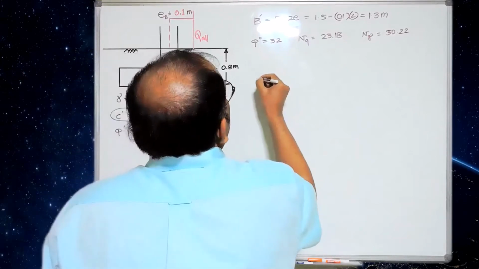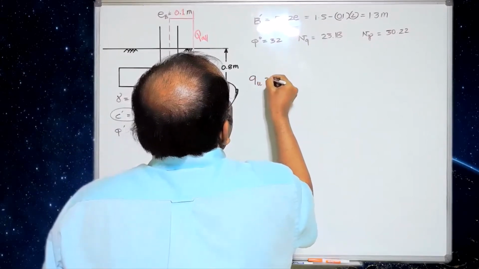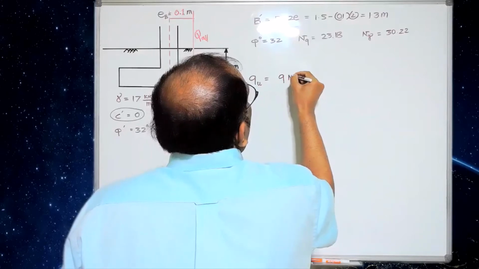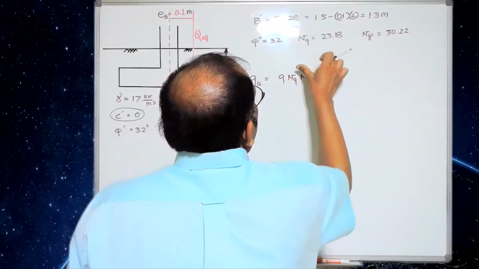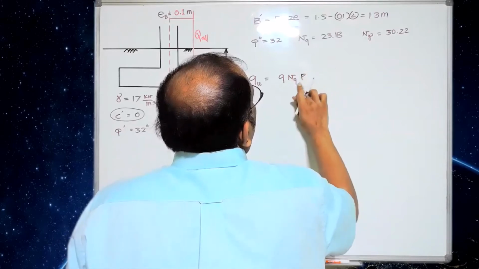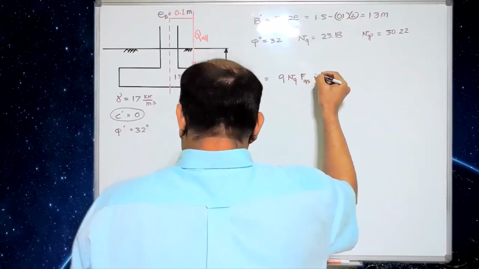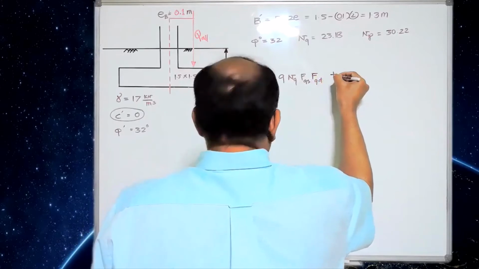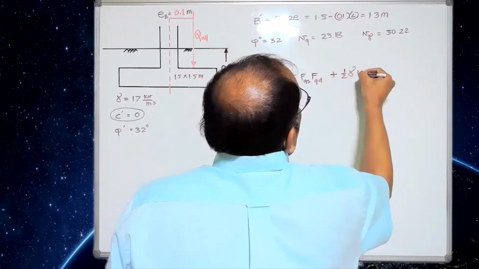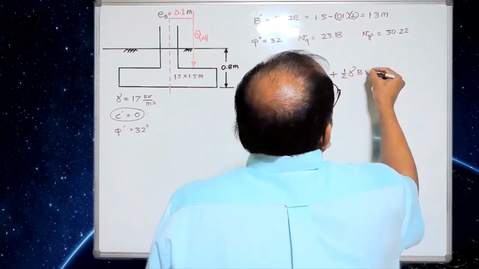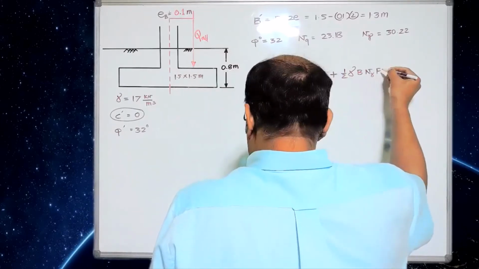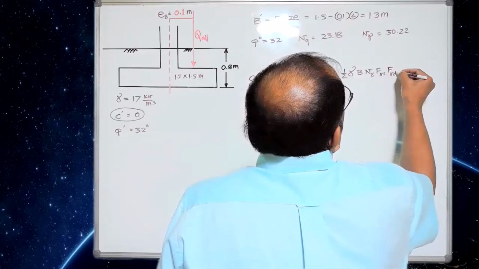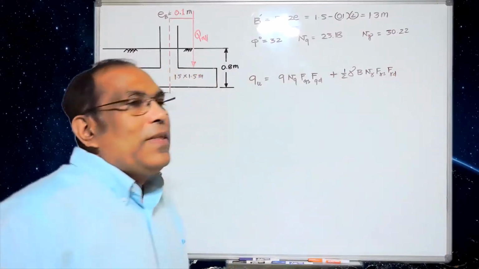So the equation for qu is basically q Nq Fqs Fqd plus half gamma B N gamma Fγs Fγd.